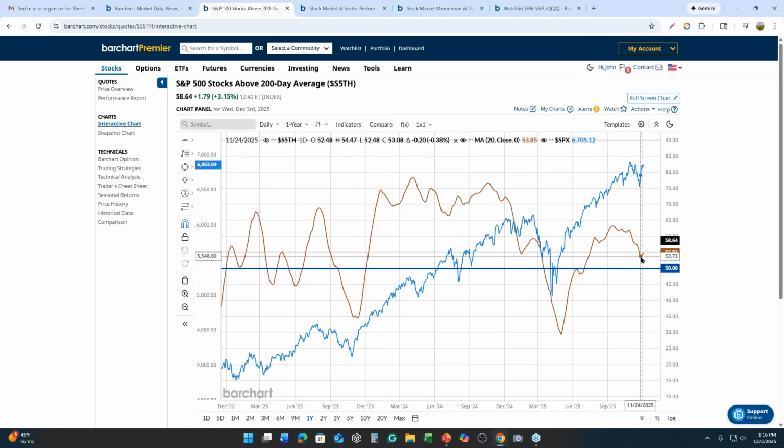But again, this could be a sign for us that we might want to do some risk assessment, risk adjustment, or even portfolio rebalancing. So what's the takeaway here? Well, large divergences between our index prices and these longer term breadth models precede nearly every major market correction.